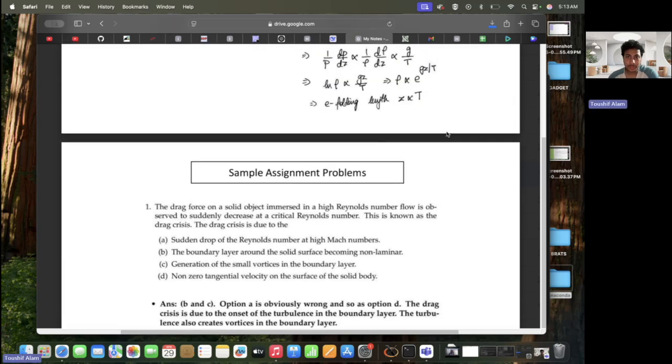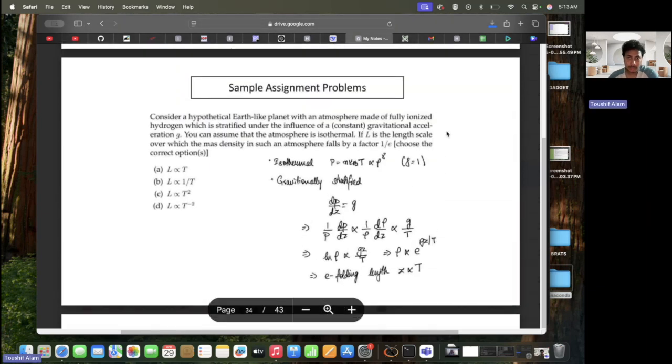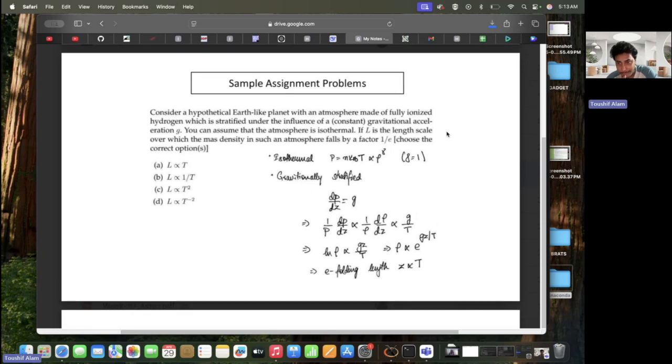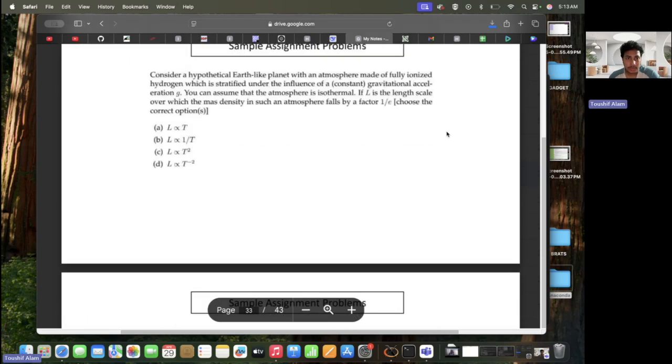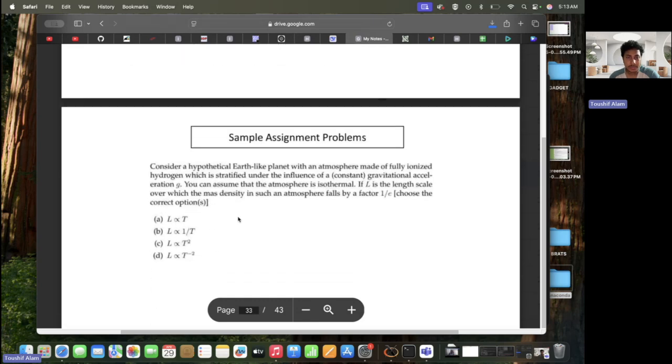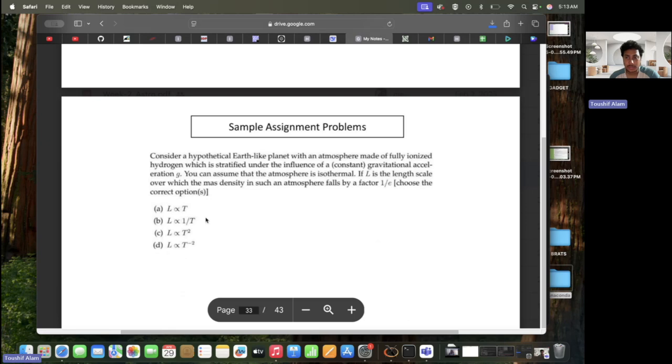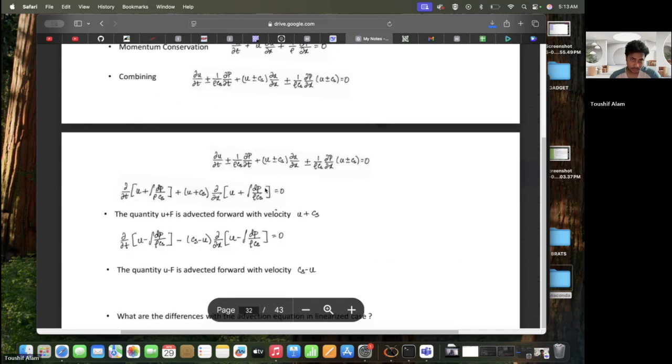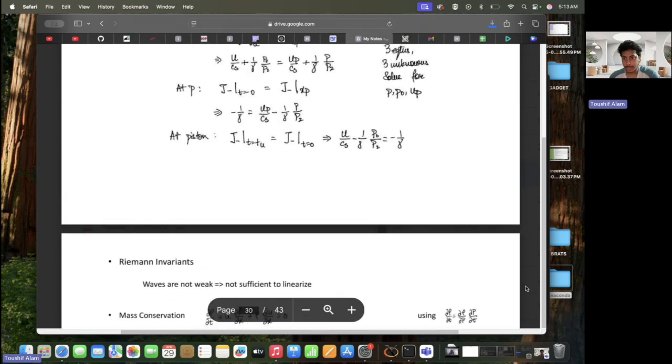I mean, in astrophysics, you will need this. This will be helpful in the upcoming ones. So yeah, till now we have discussed this, and this is the sample where the length scale is proportional to the temperature. You have done this in the earlier session also. That's all from this.